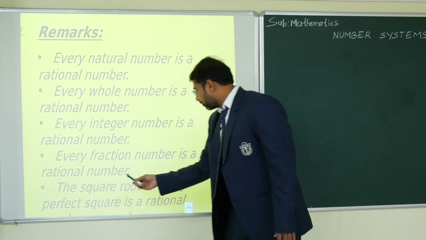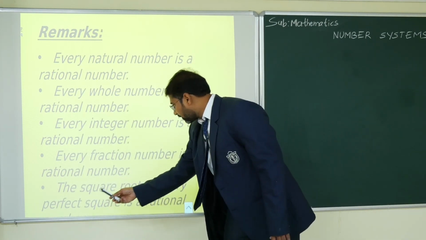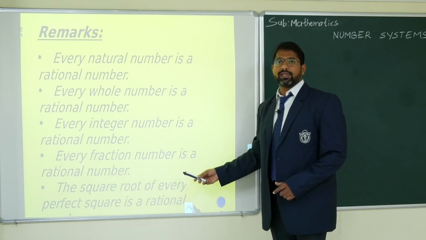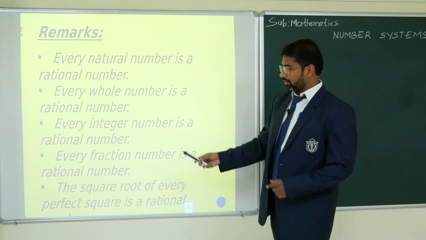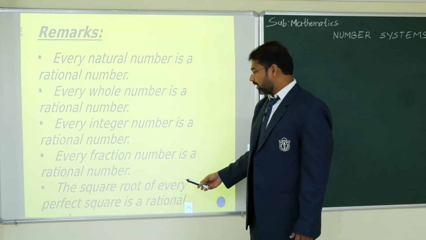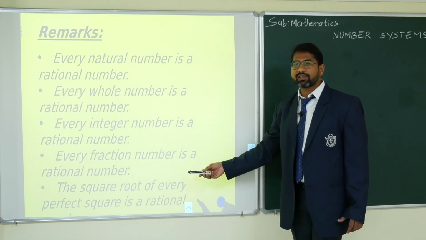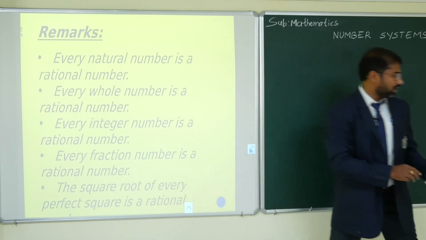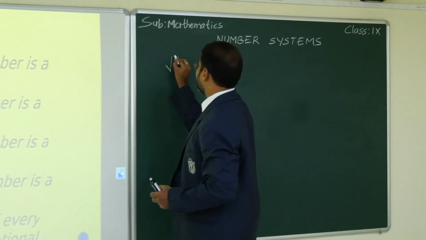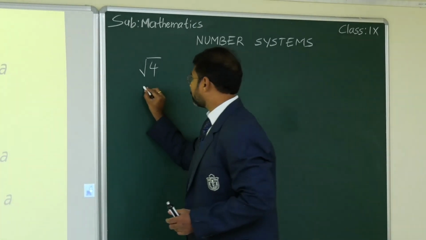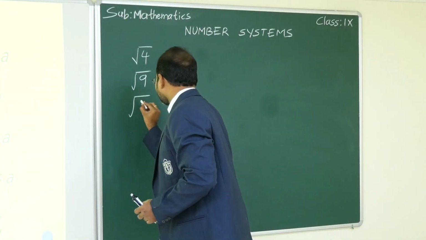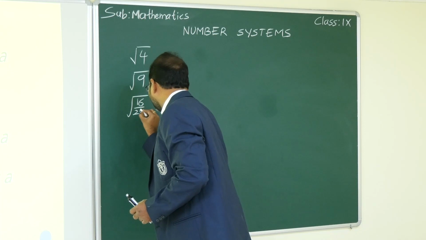Next, the square root of every perfect square is a rational number. We will learn about these in detail in the coming classes. Right now, let us assume the square root of every perfect square is a rational number. I can give you some examples, such as square root of 4, square root of 9, square root of 16 by 25.